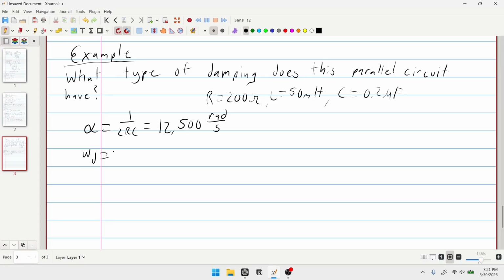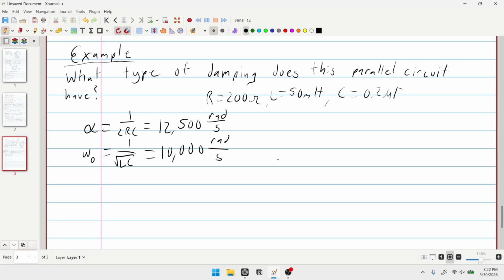And our natural frequency is 1 over the square root of LC. If you plug that into our calculator, we get that this equals 10,000 radians per second, right?